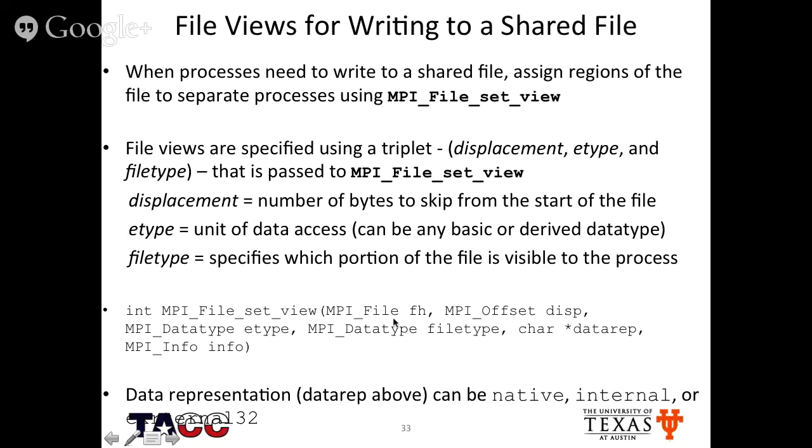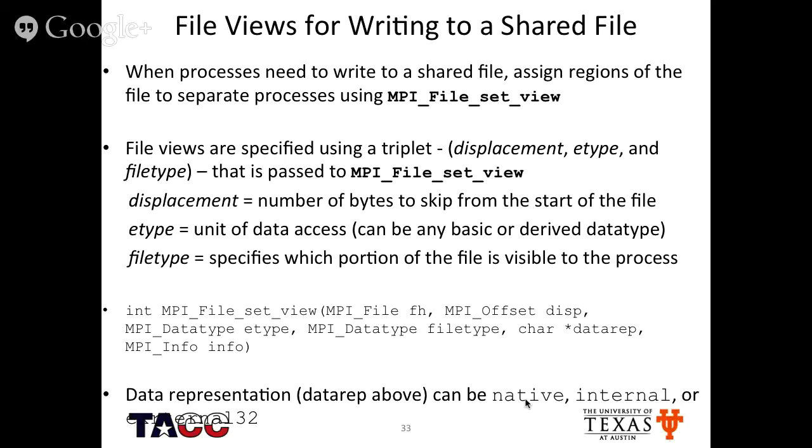It has MPI file fh, MPI file offset, which is the displacement, and MPI datatype, which is the etype. As I said, it can be either the primitive type or the derived type. Then it takes the filetype as an argument, and we will come to that. Well, I can mention it right here. There are basically 3 types for the data representation that you can specify: native, internal, and external32.